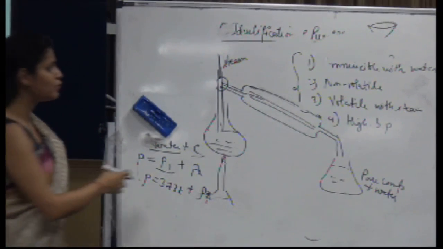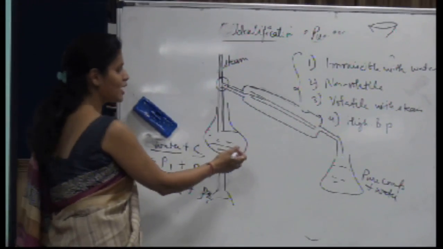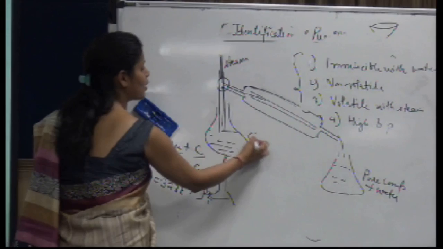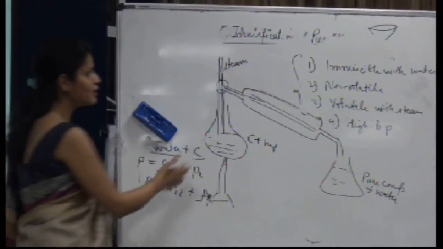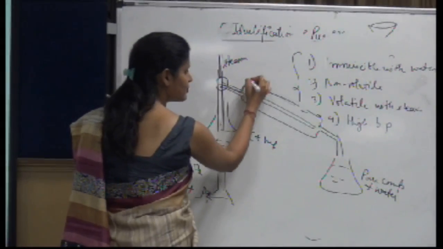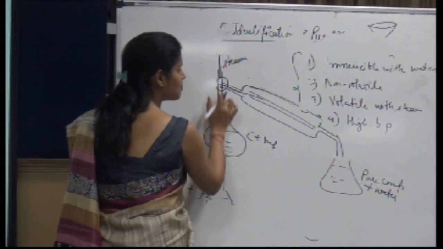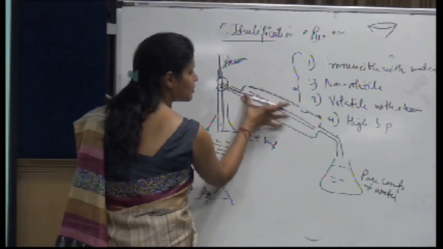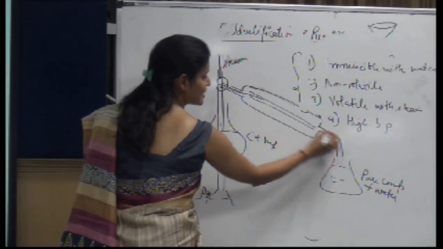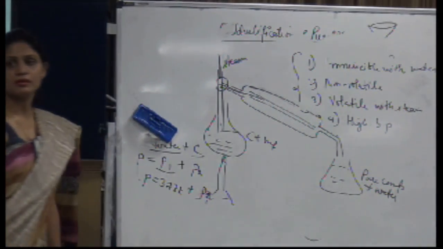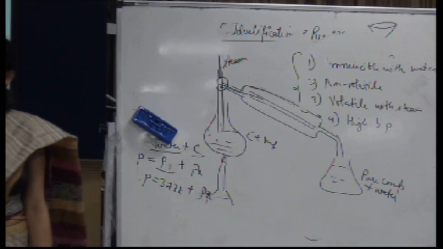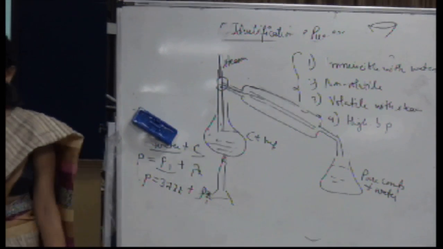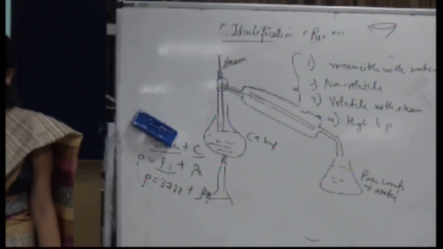I'll take the mixture having the compound and the impurity, and I'll introduce high temperature steam into it. Then the steam, that means water vapors, and the compound vapors will start combining and they'll condense and get collected into the beaker or conical flask, because I am saying that the compound is immiscible with water. So that way I can just evaporate the water, or I can separate using some differential extraction.